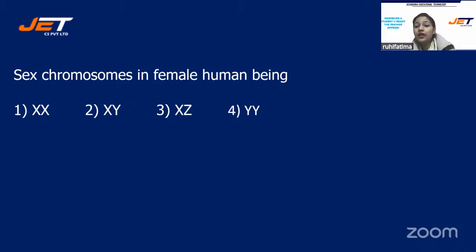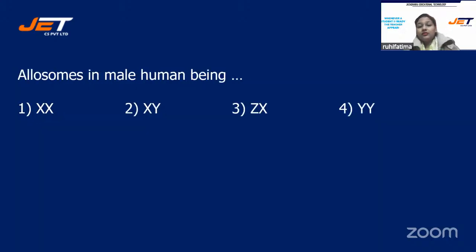XX, XY, XZ, or YY? All right, excellent, students. All of you are correct. Option number 1, XX, is the right answer. Excellent, I'm so glad to see your answers and your responses. Keep doing like this, students. This way, it will be easier for you to crack your exams. Next question.